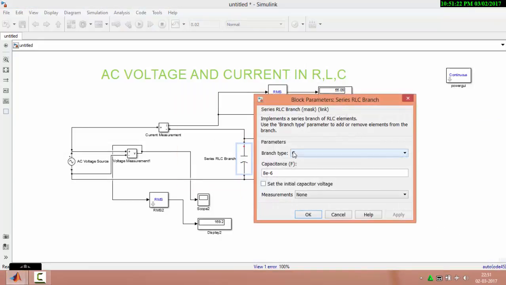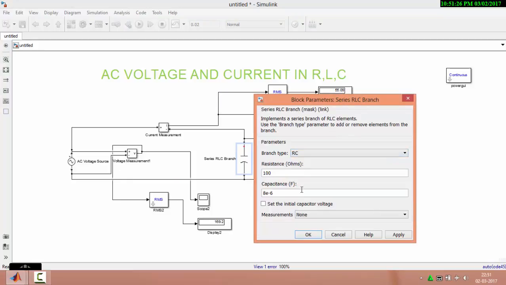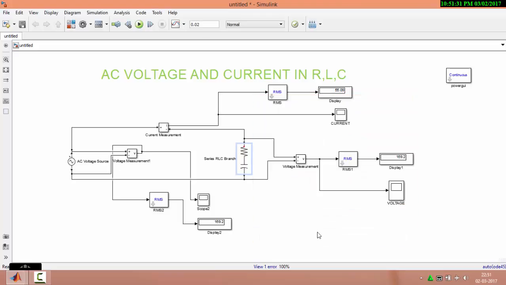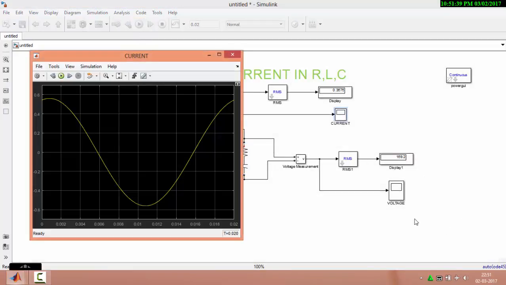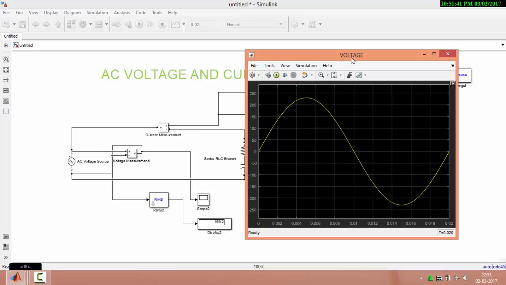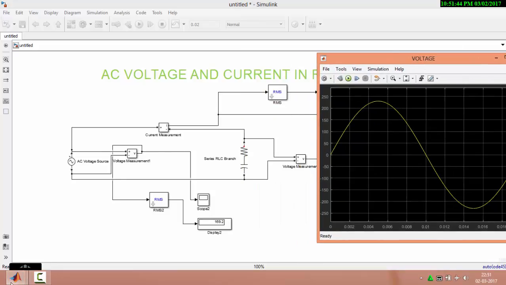You cannot use C separately. You have to use only RC. Give some value, assign a value for R and C, and simulate your circuit. Now you can see that it will run without any error.